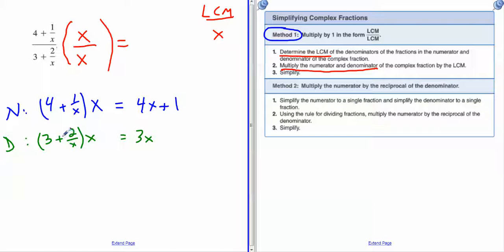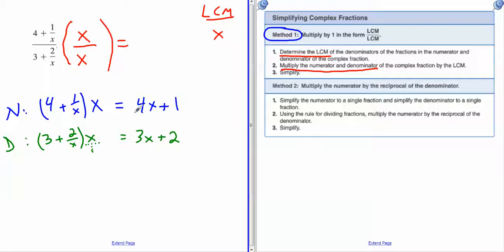The next term is positive times positive, which gives a positive. 2 over x times x can be thought of as x over 1. The x's cancel with the x's. Factor out, reduce, simplify, all the same word. The x's cancel out, and we've got just 2.